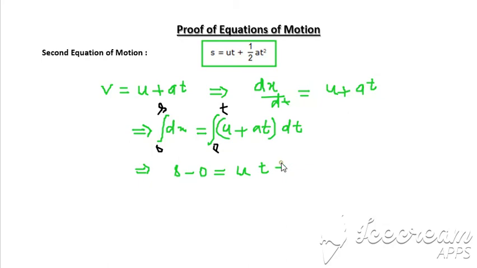Then a will be outside, and integration of t will become t square by 2, with the limits running from 0 to t. Putting in the values, we get s is equal to ut plus half at square, where a is a constant acceleration. So that becomes the second equation of motion, and hence the proof.